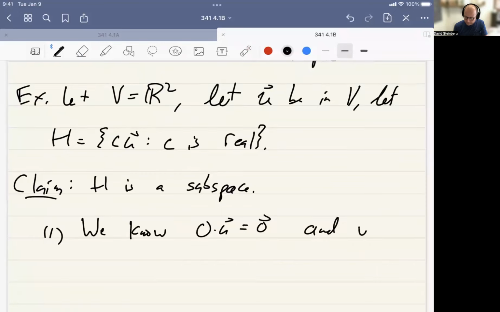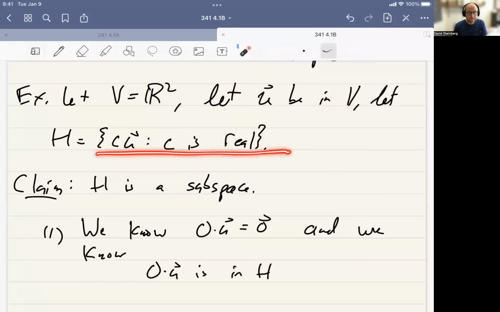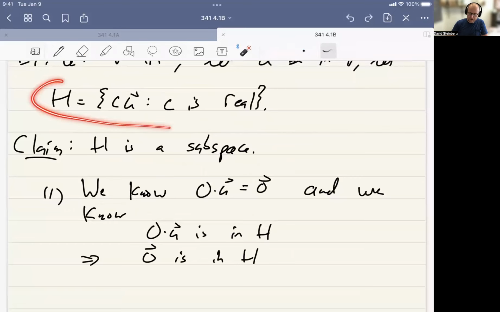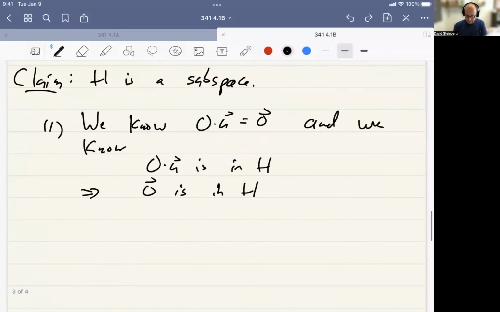And we know 0 times U is in H, because H is a collection of all multiples of U. And so this gives us that the 0 vector is in H. That's the first thing we needed to check, that the 0 vector is in fact in our set H. Next, we need to grab any two vectors in H and show their sum is also in H.